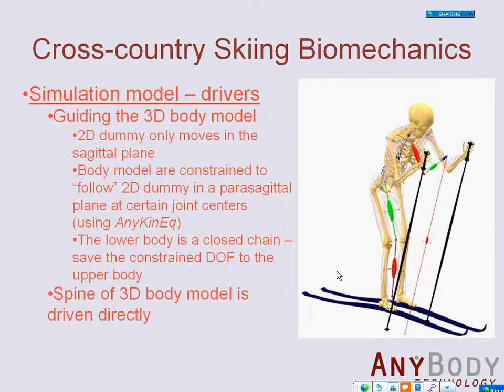And my knowledge on how exactly to let this 2D dummy guide the 3D model is partly based on experience. I have to admit that it's taking me a while to get the simulation model to work correctly. It's very easy to end up with an unstable model infested with acceleration spikes in several joints.